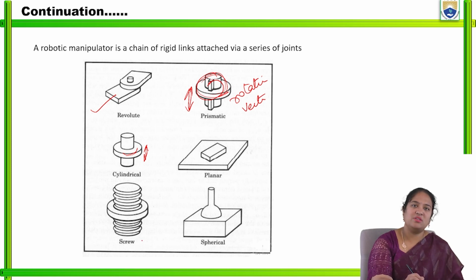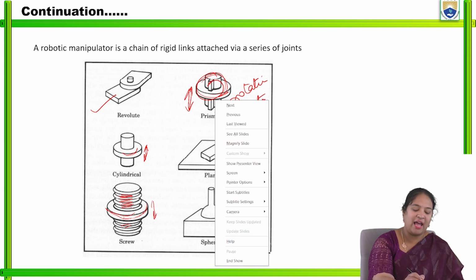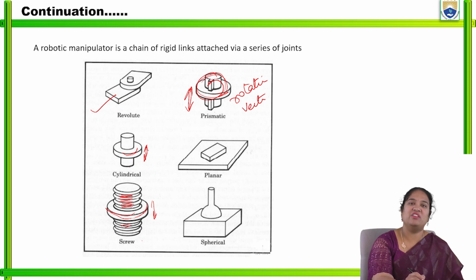Whereas in the screw system, what is happening? Here the cylinder has threadings, so we cannot have vertical motion as in the cylindrical and prismatic; instead the ring of the robot moves from one thread to the other thread.